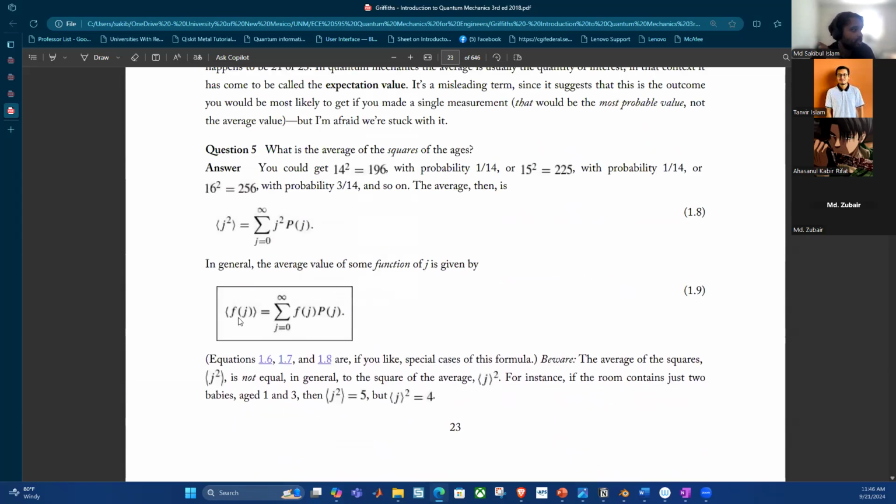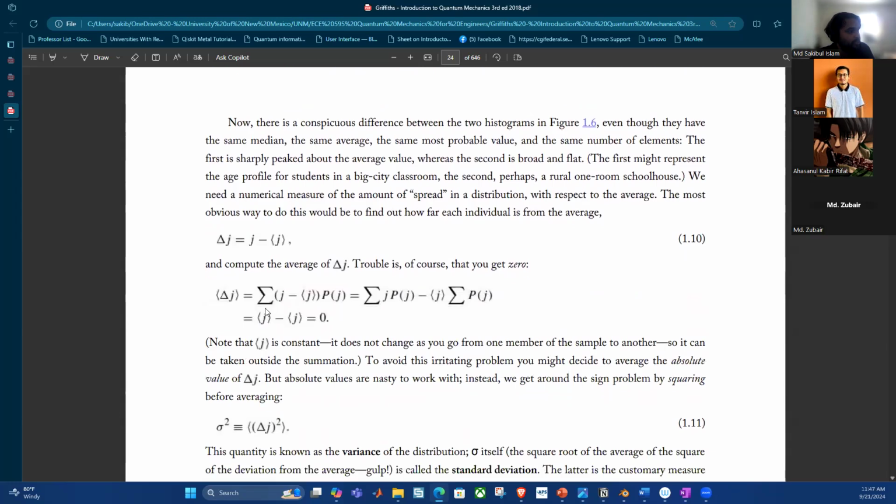It doesn't matter, it could be any function of j: j square, j cube, delta j, absolute value of j, j factorial. The average value of a function of j should be the function of j multiplied by the probability of finding that value of variable j. So we are doing the same thing. That is our function, the spread of j, multiplied by the probability of j.